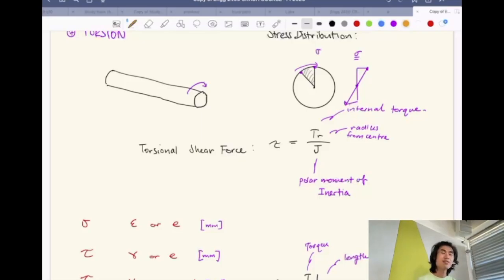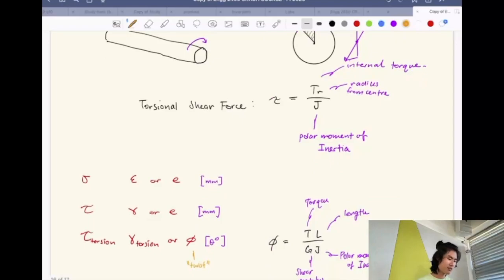If you have a look later in more depth, you'll find that all of these concepts I've covered, this is stress, this is shear, and this is the torsional shear, are all resultants of another component. Stress is a resultant of strain, and shear is a resultant of the shearing strain. Shearing strain is denoted by gamma, and both of these result in some sort of measurement in millimeters.